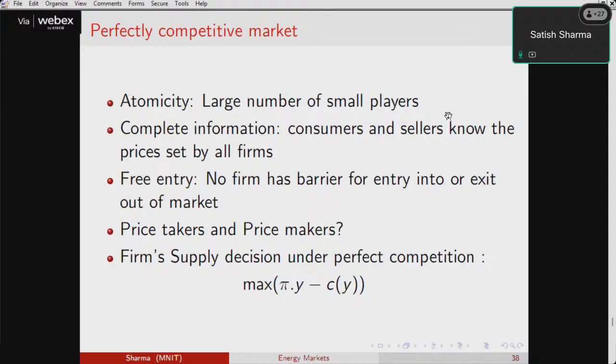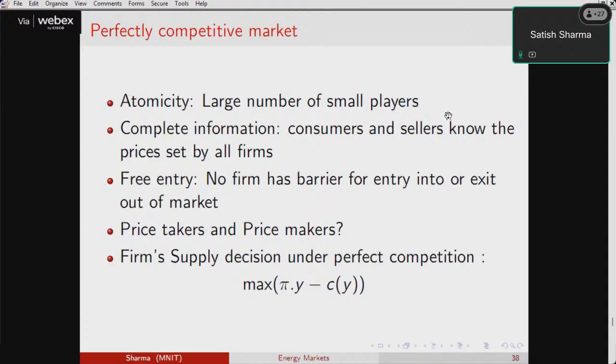The big generators we are talking about can distort the price and be price makers. But in a perfectly competitive market, we are assuming that all the players are very small and a large number of them are there, so everybody is a price taker, and the price will be the byproduct or outcome of the market.